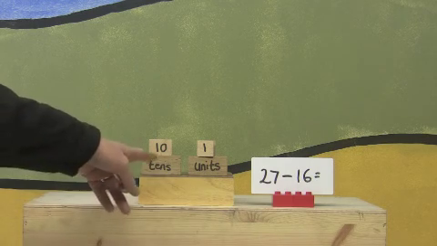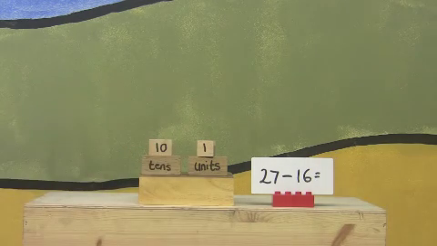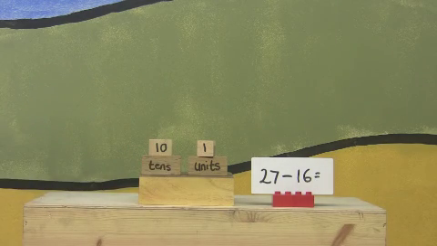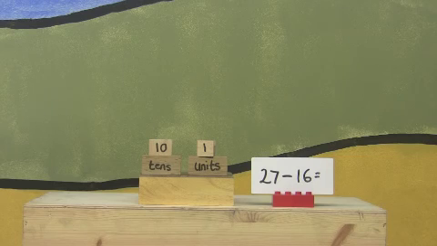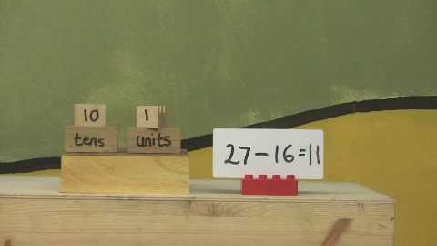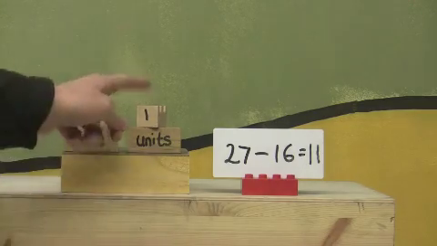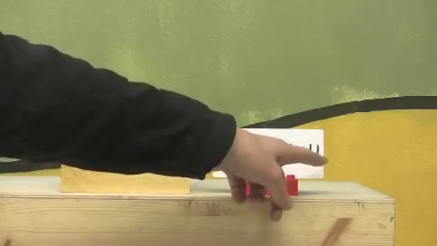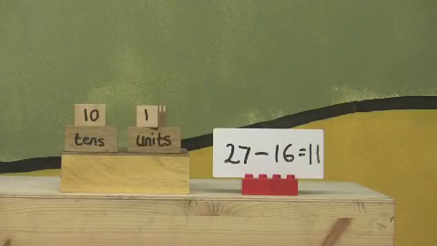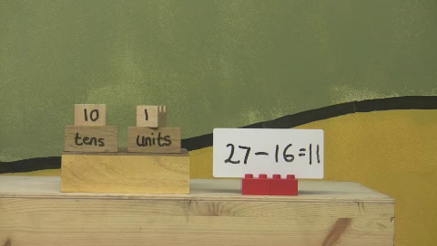And the answer is 1 ten and 1 unit. So the answer, of course, is 11. 1 ten and 1 unit is 11. 27 take away 16 is 11.